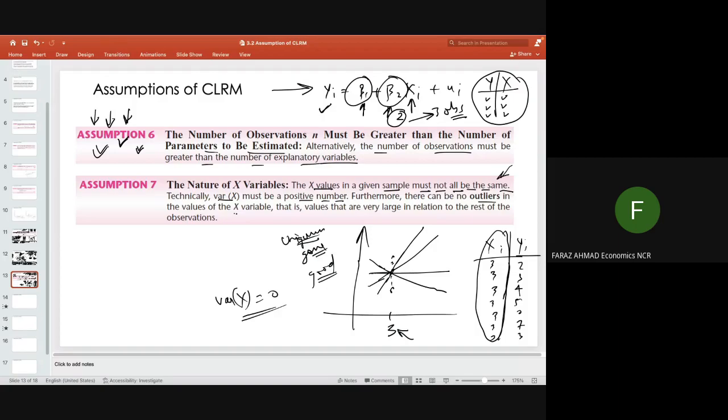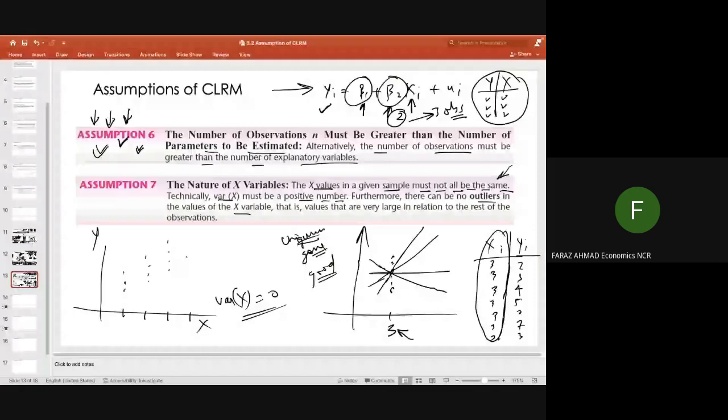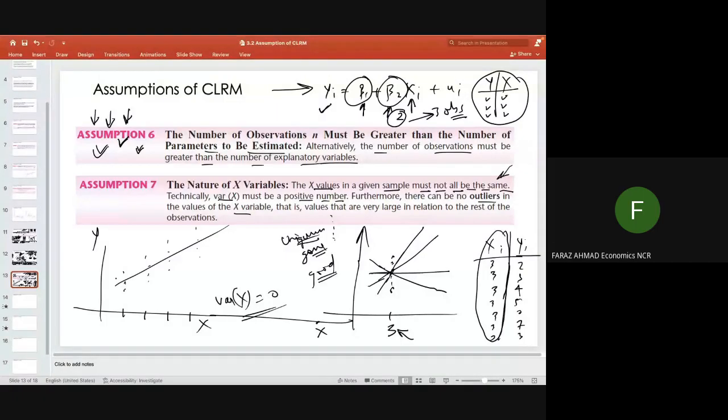Point number 3, there can be no outliers in the values of x variable. When we talk about x values being fixed, we have this value, this value, this value, and this value. Suppose we have nice looking data here, and we are ready to fit a line like this. But then you get one x value here, and there is some data here. Now this is disturbing because it is letting your line go from here.